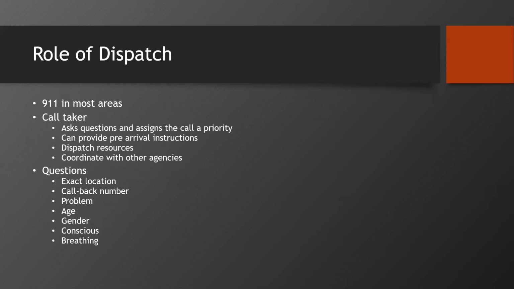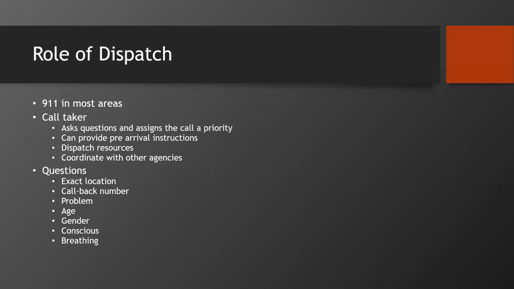So you flip to the card that says difficulty breathing, you ask some specific questions, and then the call taker will assign a priority. So in this county, we have BLS standard, BLS priority, and ALS calls. Not to mention car accidents, that's a little different call type, but generally speaking for EMS, we have 3 call types. So based on the answers that the call taker gets, he or she will assign a priority. So BLS standard, BLS priority, or ALS call.